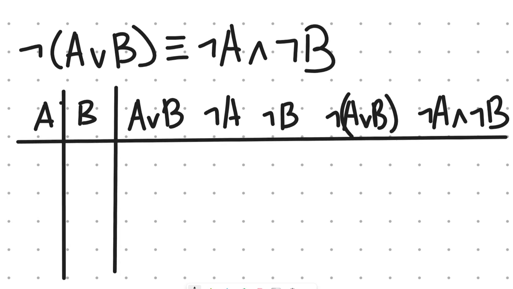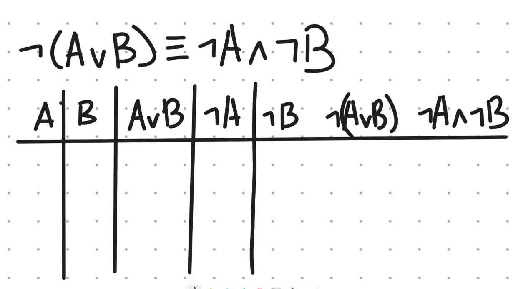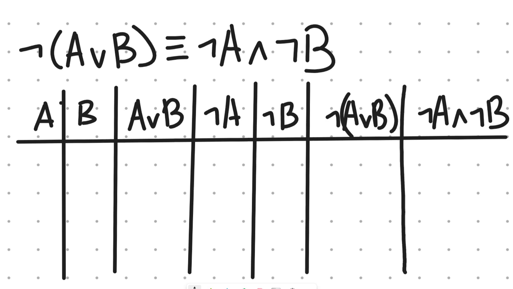So we just have to write those lines down and then write the wrong and the right. It's a very simple proof, since we just have to make the table and see if it's equivalent.